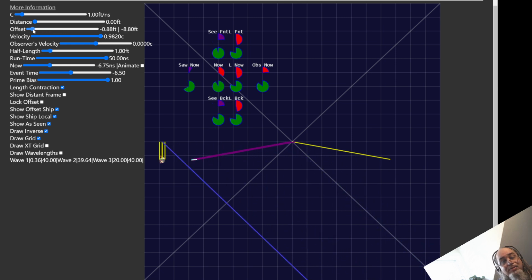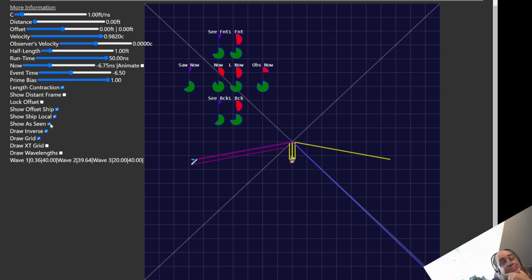I can unoffset this. This controls the ship's offset too. That's why these lines are changing. But then this position is where it sees, where it knows this observer is. This isn't where it sees that observer.